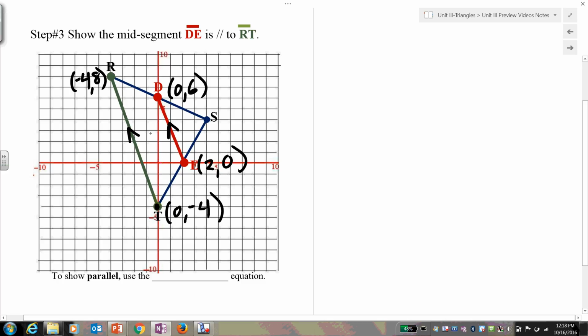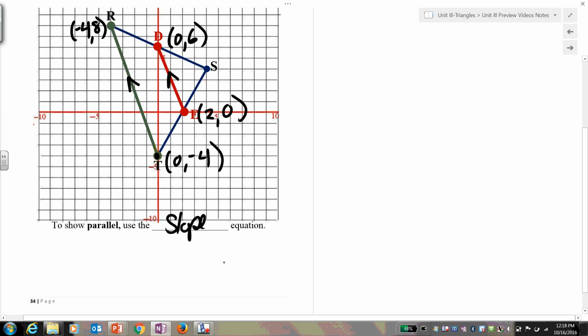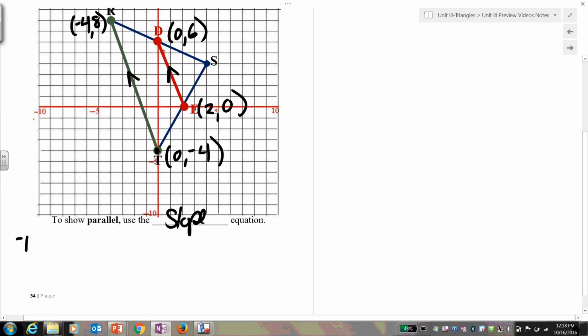And to show things that are parallel, of course, we use the slope equation. So we're going to find the slope of DE, make our templates, and our slope of RT, make our template.